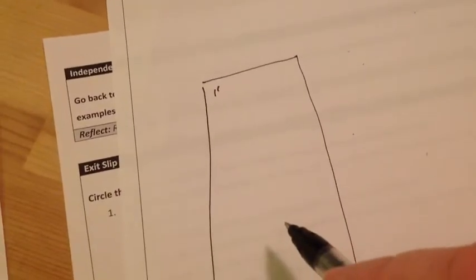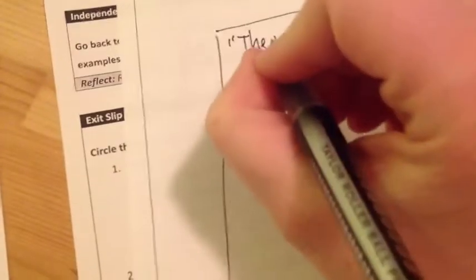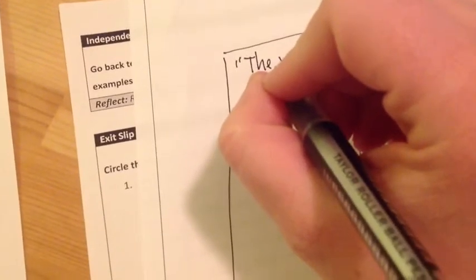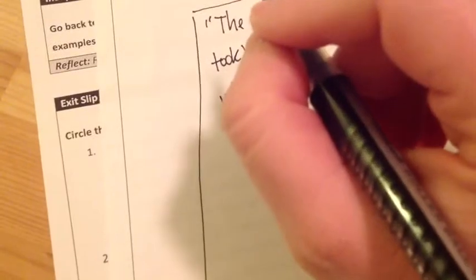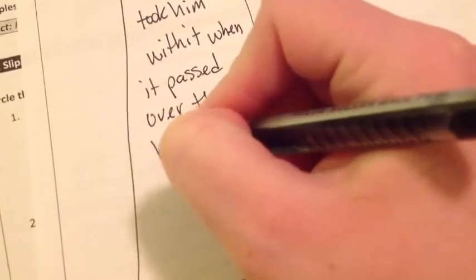So we want to show the effects that the father passing away has. So we're going to say the water, make sure you quote it, the water took him with it when it passed over the boat.